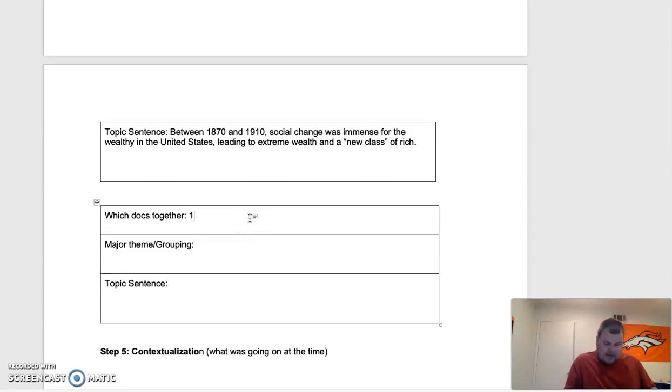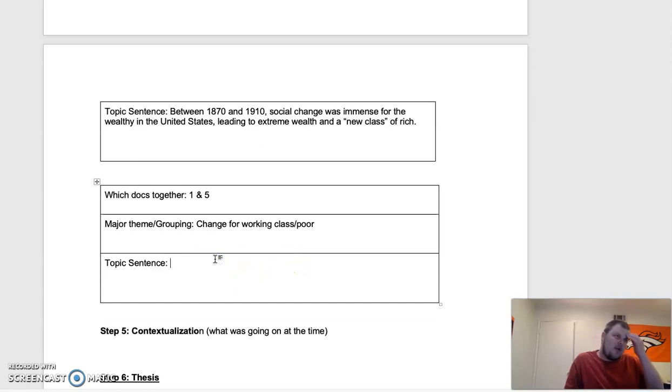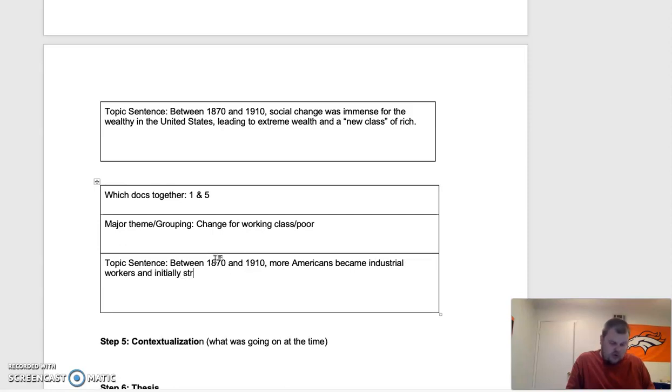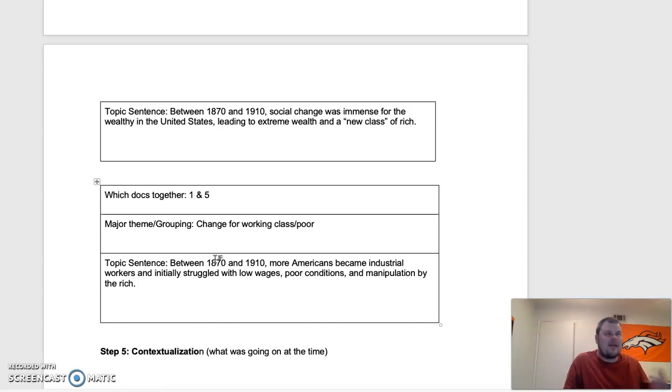Okay, my next one would be the remaining documents, documents 1 and 5, and these are the change for the working class and poor. For the topic sentence here, I'll take a similar format: between 1870 and 1910, more Americans became industrial workers and initially struggled with low wages and poor conditions, and I'm going to say manipulation by the rich, because I was feeling those themes as I went through the documents.